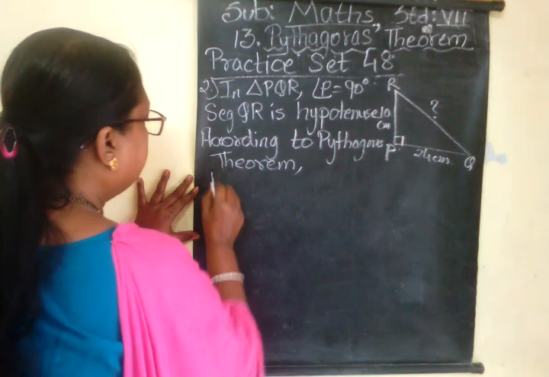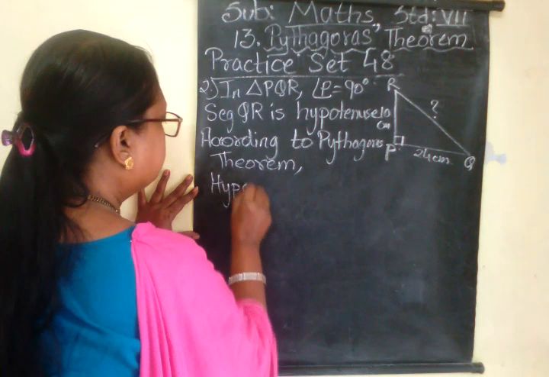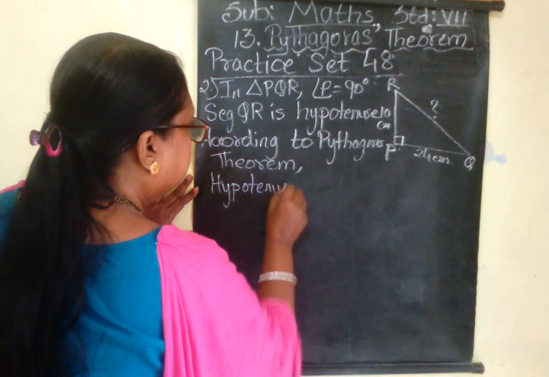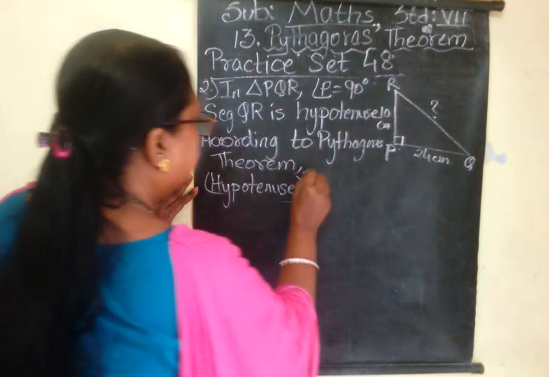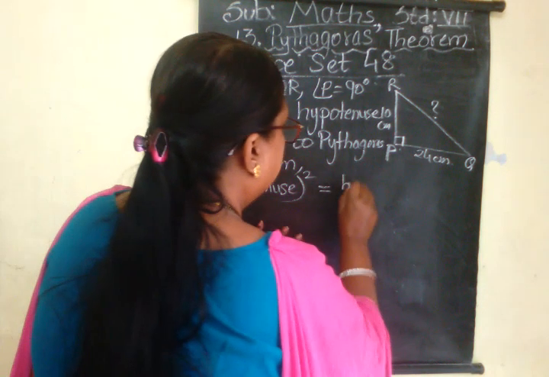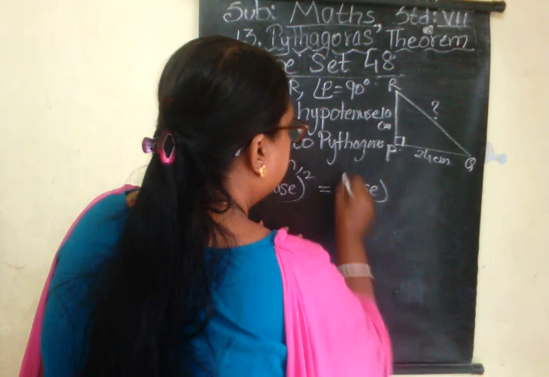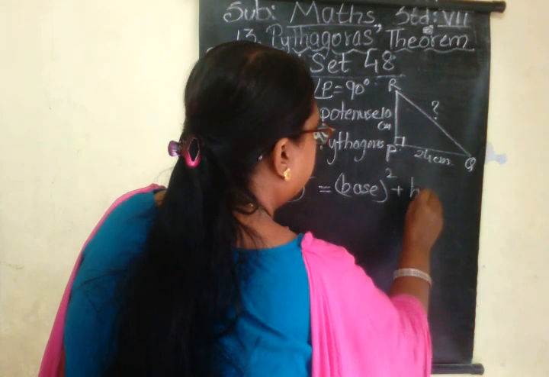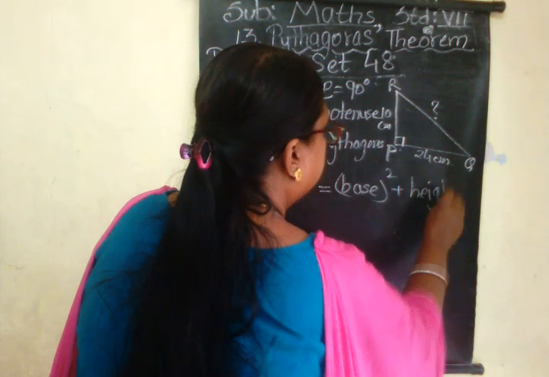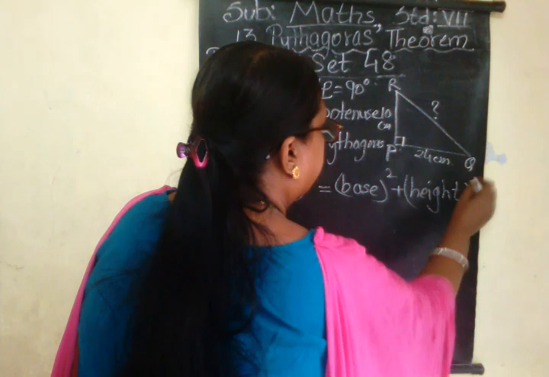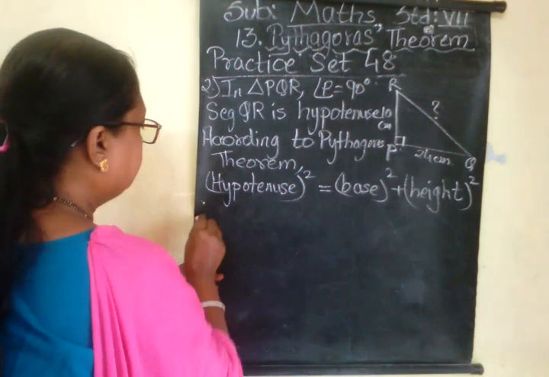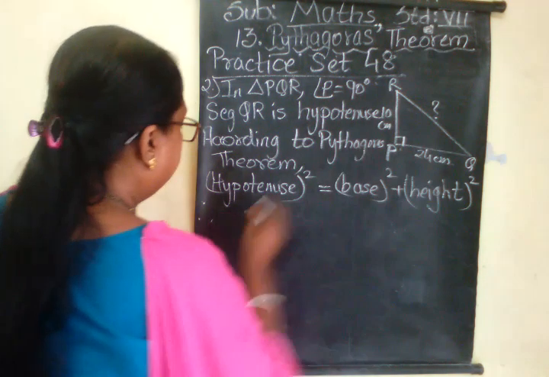It states hypotenuse square is equal to base square plus height square. So as per this, our hypotenuse is length QR.